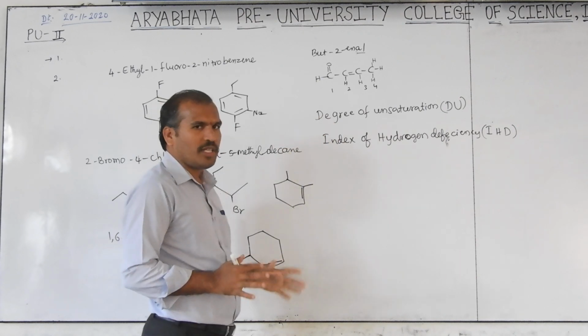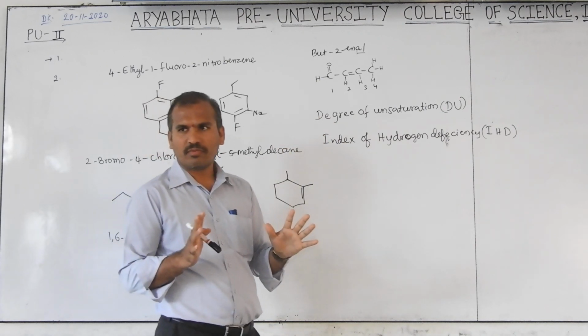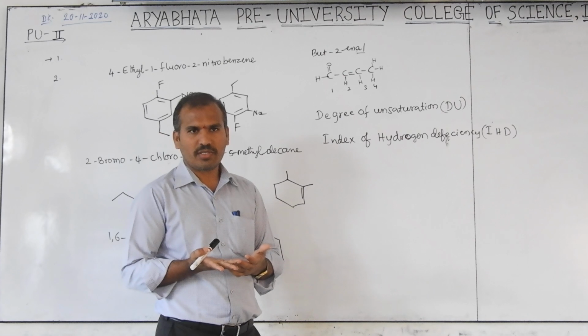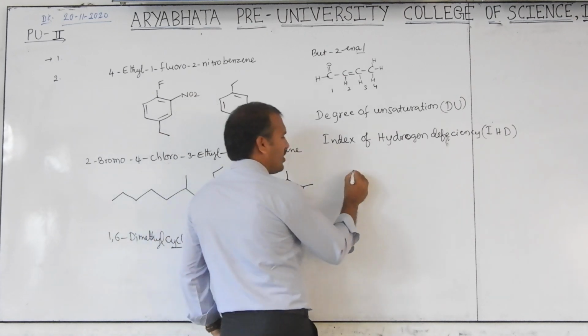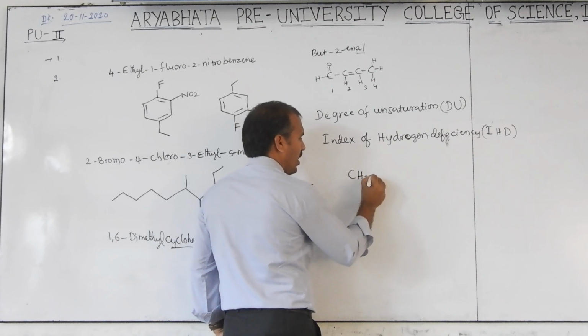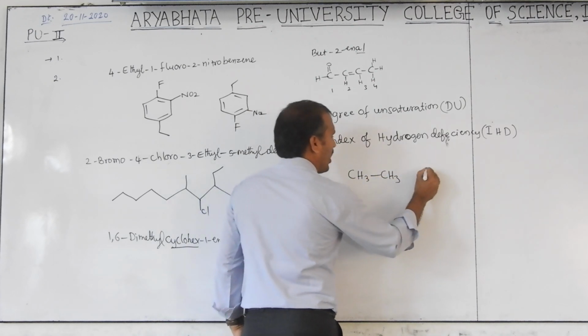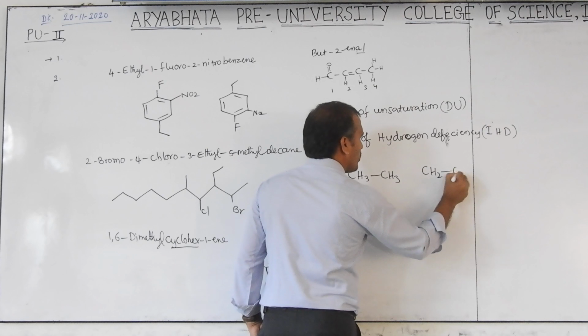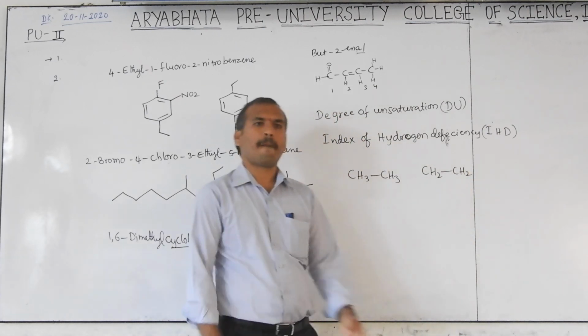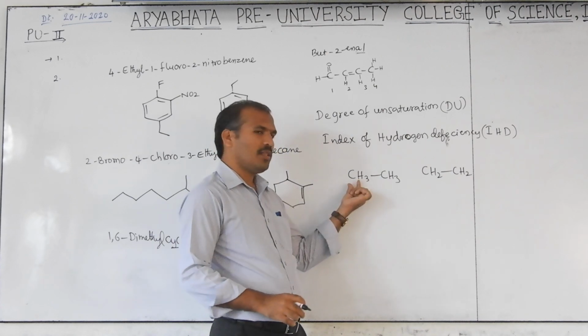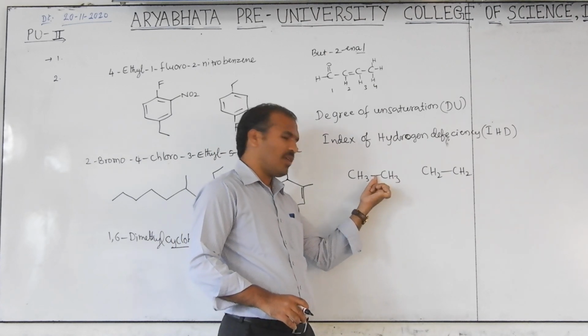So degree of unsaturation means what? Unsaturation means any multiple bond may be present or a ring may be present. Keep in mind, this is ethane. I can write CH3, CH3. Carbon balance is satisfied here: 3 plus 1, 3 plus 1.